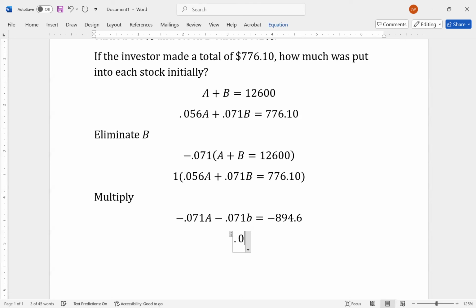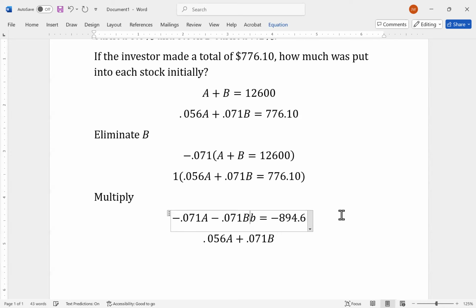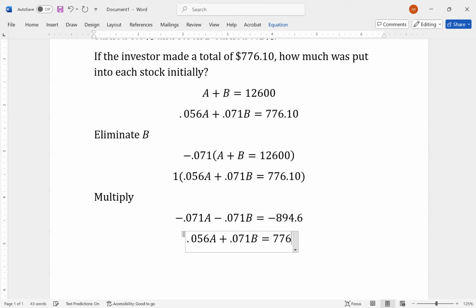1 times anything is itself, so the second equation is still 0.056a plus 0.071b is equal to positive 776.1.